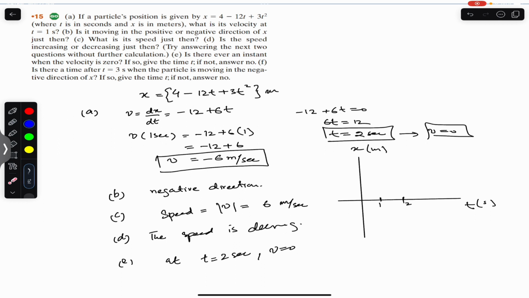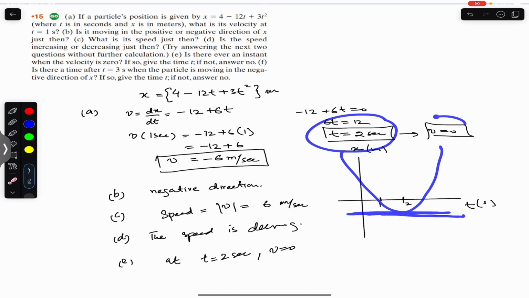So the graph will somehow look like this. There will be one minimum point, and that occurs at t equals 2 seconds, where the velocity is equal to 0. When the velocity is equal to 0, the tangent to the curve will be the horizontal line.